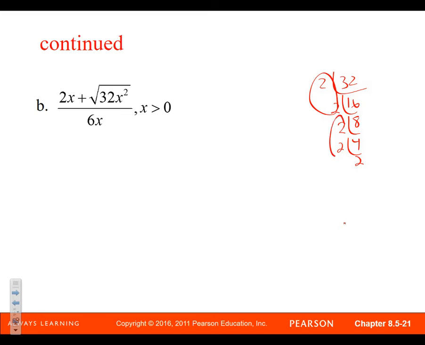I got 2 sets of 2. So what we're looking at is 2x plus 4x square root of 2 over 6x. Okay, give you guys a second. That does make it easier, huh?